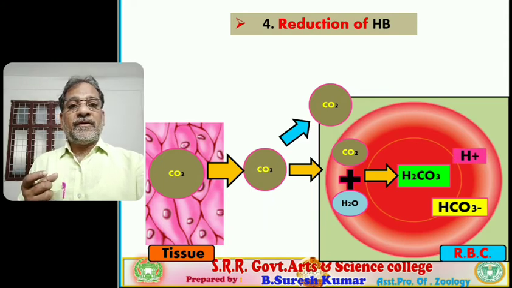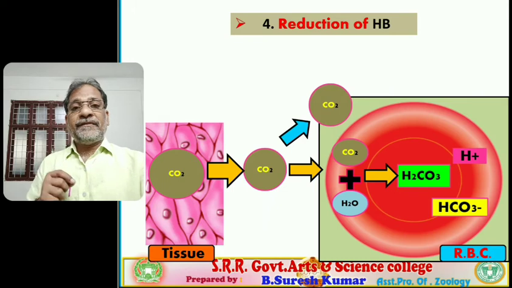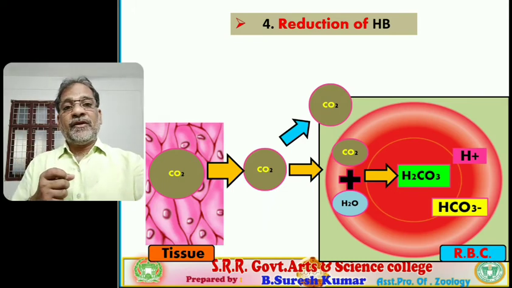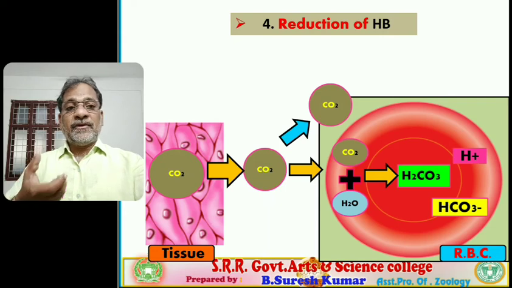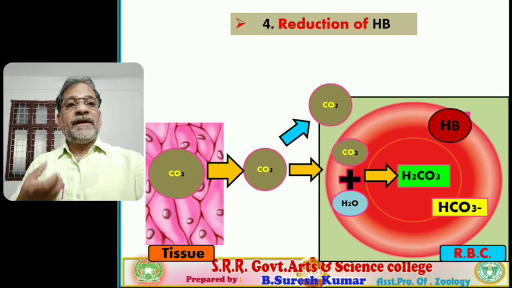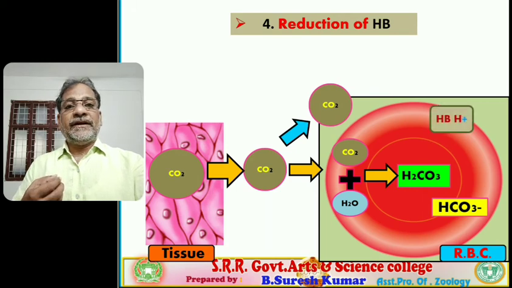The hemoglobin molecule has the amino acid histidine, and due to its ability it can receive these H plus ions. So now Hb combines with H plus ion and is reduced as HbH plus.